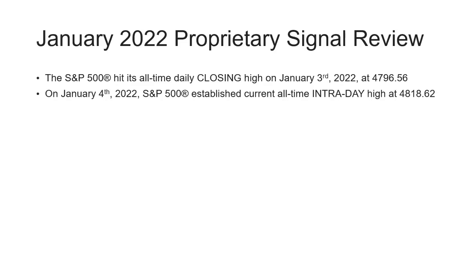The very next day, on January 4th of 2022, the S&P 500 established its current all-time intraday high at 4818.62. So the all-time daily closing high is on January 3rd, but then we made an intraday high. We went higher on January 4th, but then reversed and closed lower that day. So the all-time intraday high right now on the S&P 500 stands at 4818.62.